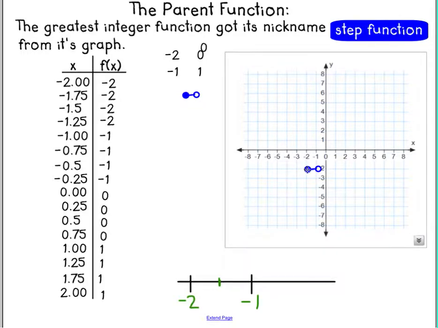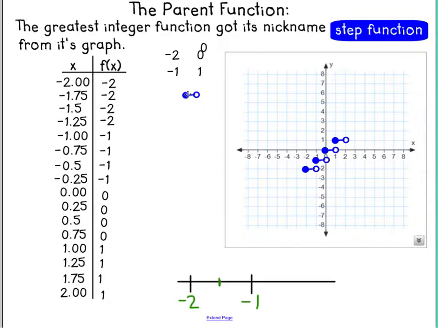Once I'm at negative 1, I jump up to negative 1, and it stays there all the way to 0. You see where the name is coming from. You've got little baby steps here. I only went up to this section right here.